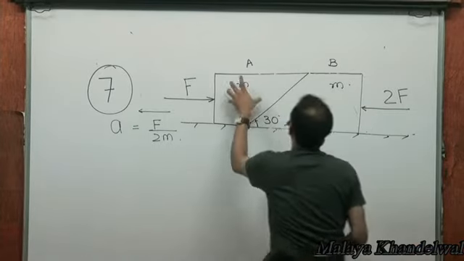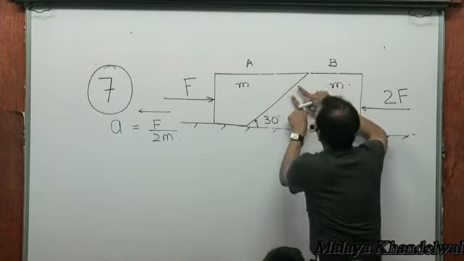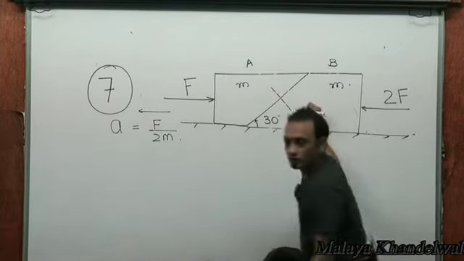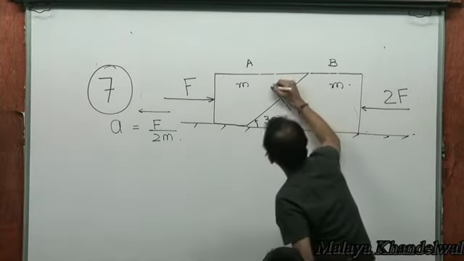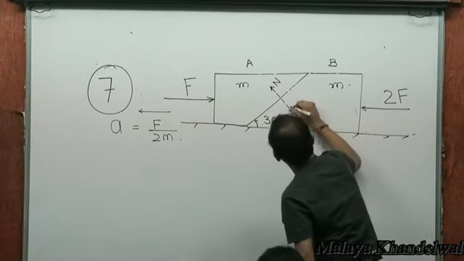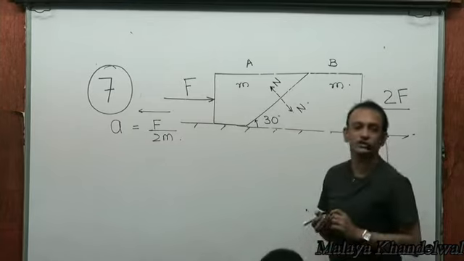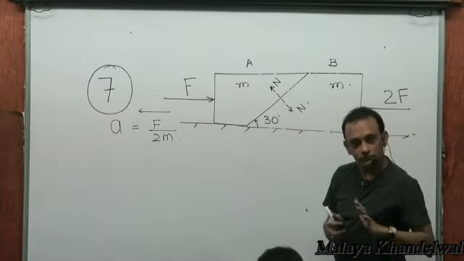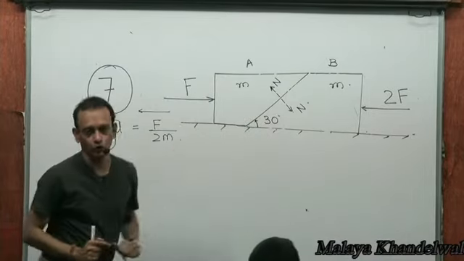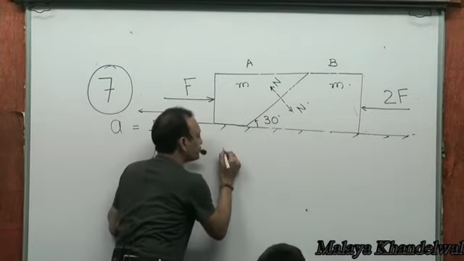So let me look at the first things first. This is their common normal. B will exert on A a normal force N like this. A will exert on B a normal force N like this. Action-reaction pair.